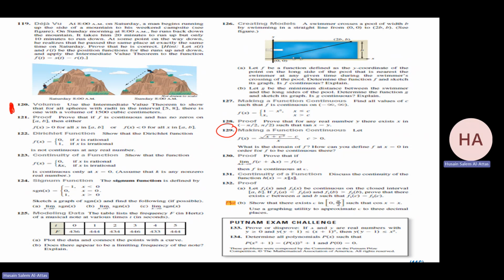For all spheres with radii in the interval 5 to 8, there is one with a volume of this. What is this? Let me do it here. 120.